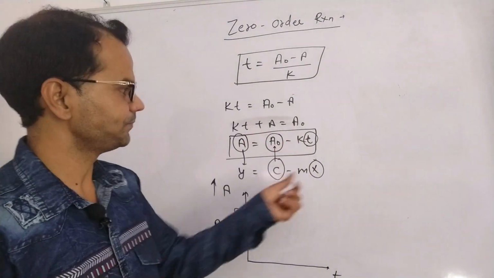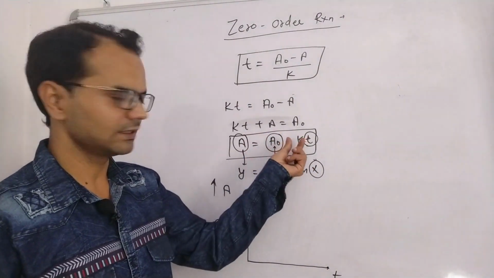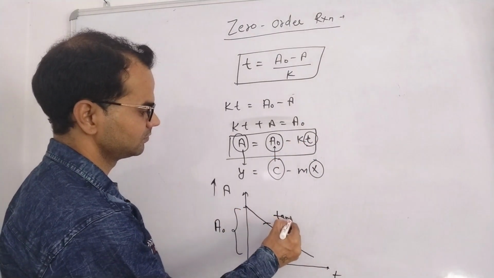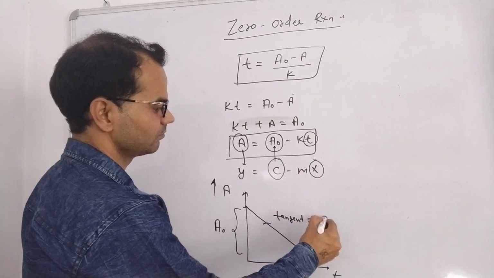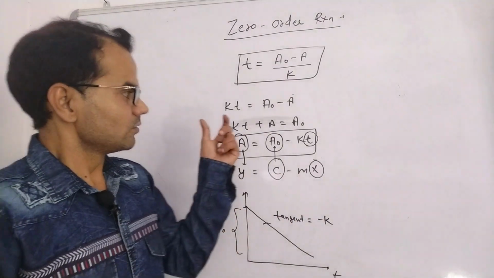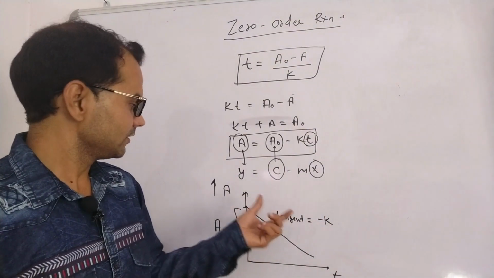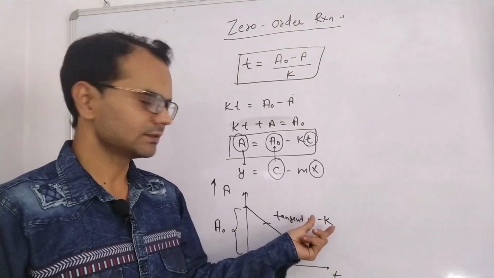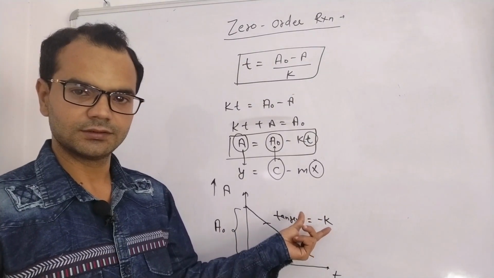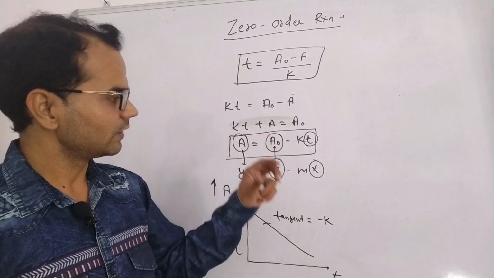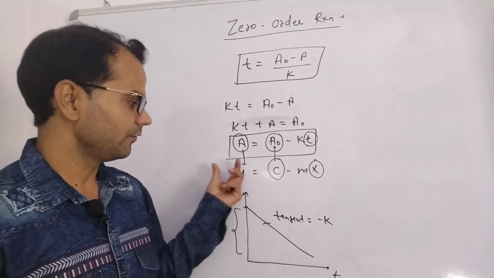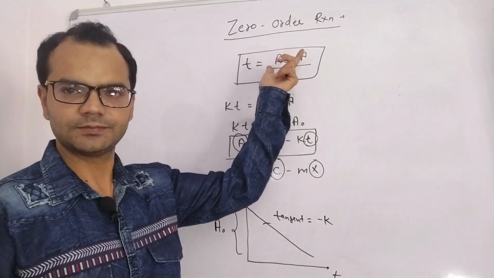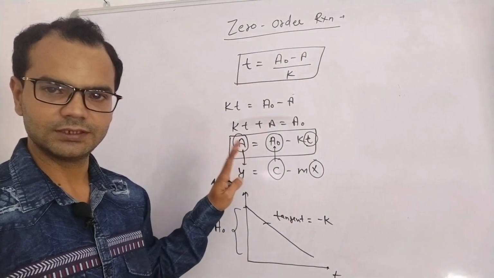The slope m represents here K. So slope is tangent and equal to minus K. So slope of the graph, for which graph? Concentration of reactant versus time, we get minus K. Easy. Sometimes a question may ask, the graph is plotted and we get a slope minus K. What type of reaction? We will say zero order reaction. Easy.